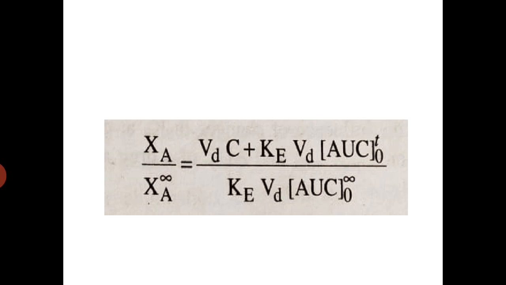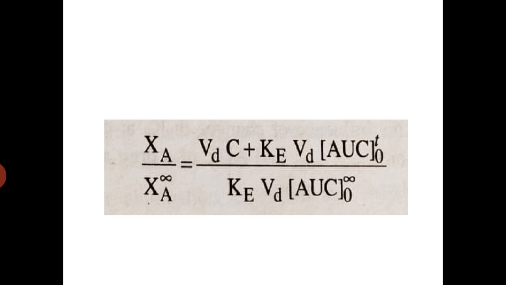Amount of drug absorbed till infinite time, Xa infinity, is equal to VdC infinity plus Ke Vd into AUC 0 to infinity. At infinite time the concentration becomes 0, so Xa infinity is equal to Ke Vd into AUC 0 to infinity. Calculate the fraction: Xa by Xa infinity is equal to VdC plus Ke Vd into AUC 0 to T divided by Ke Vd into AUC 0 to infinity. Vd gets cancelled.